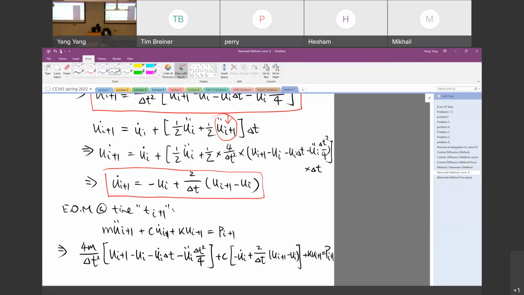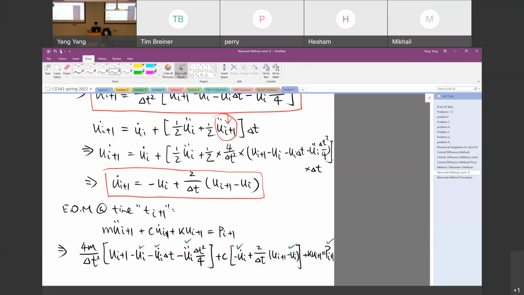Everything in terms of i is known to us. So how about the force p i plus 1? Is that known to us? So the force is known to us because that's the external loading. We should know the force as a function of time.